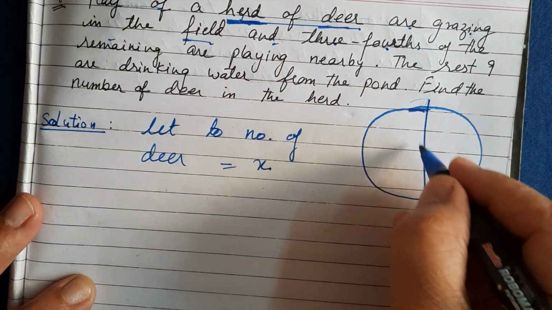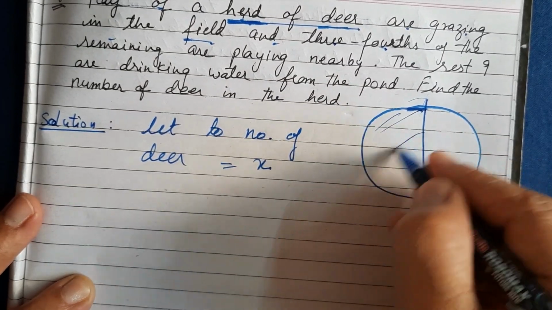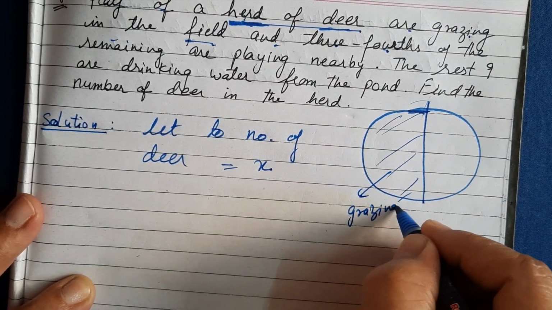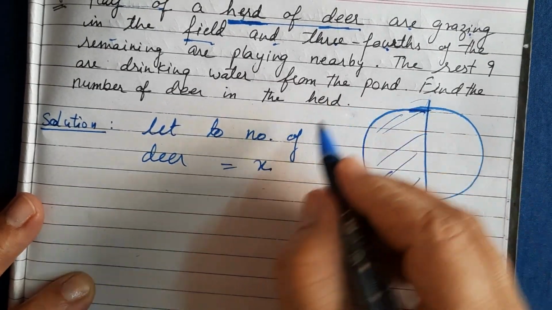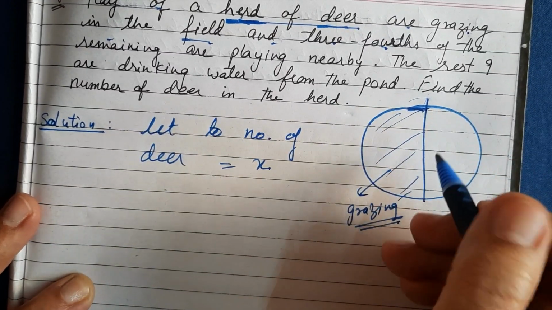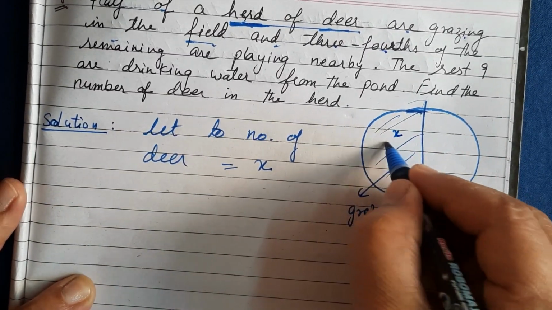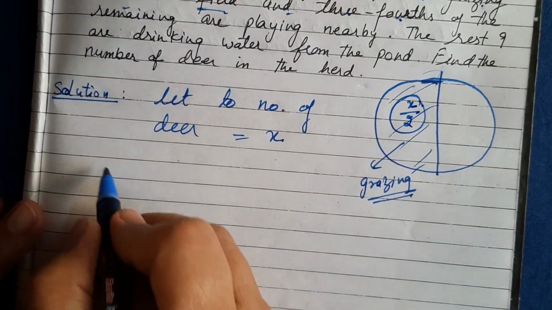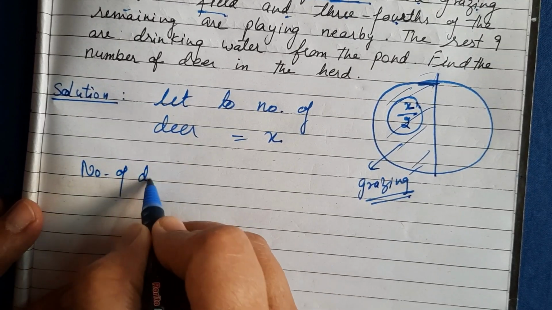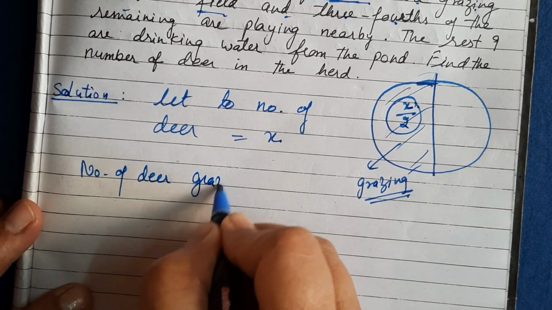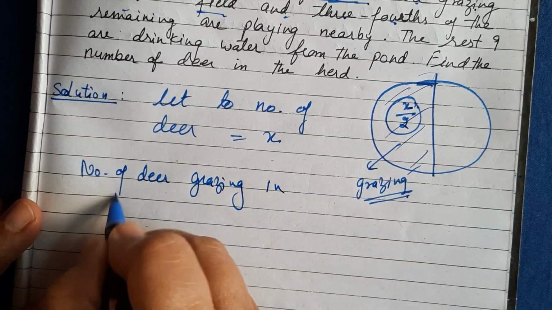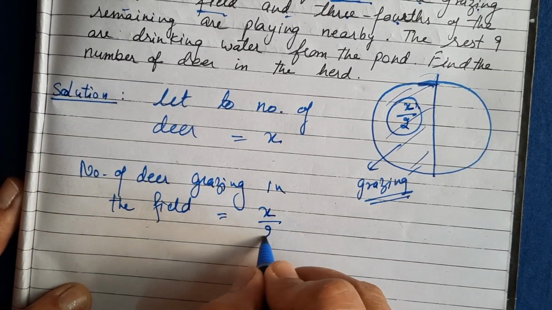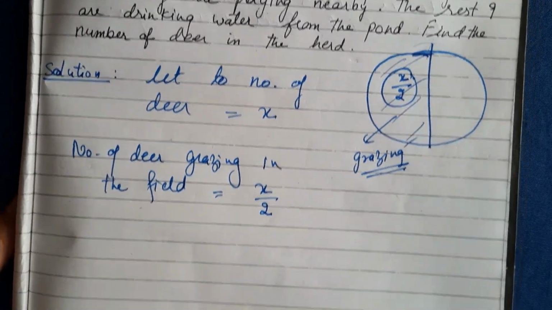Half means this much portion is grazing in the field. If the total is x, then half of x is x by 2. So the number of deer grazing in the field is x by 2, half of x.